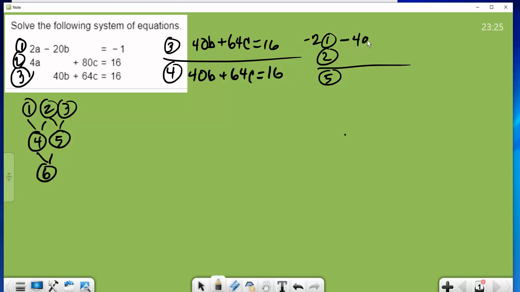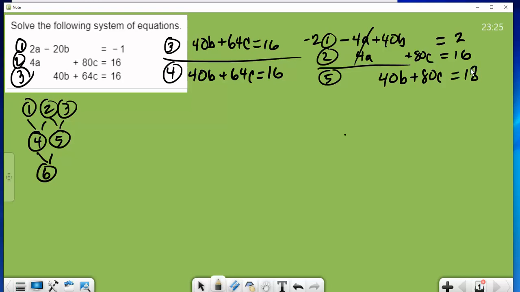I get negative 4A plus 40B equals 2. And I'm using equation 2, and I don't need to do anything to it, plus 80C equals 16. So the A's cancel. I get 40B plus 80C equals 18.